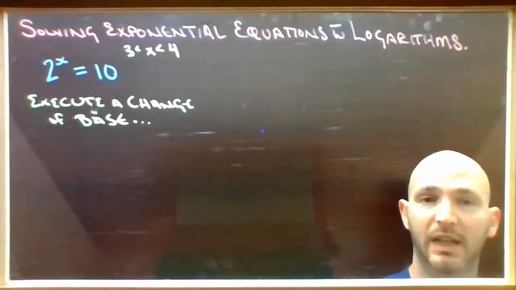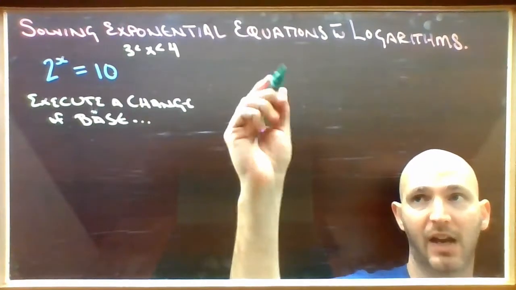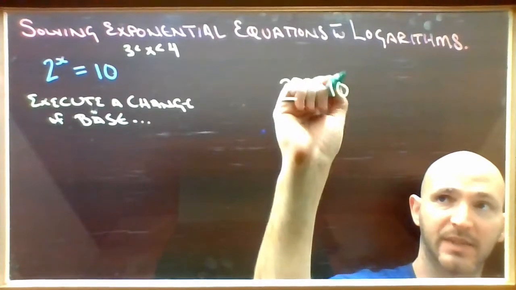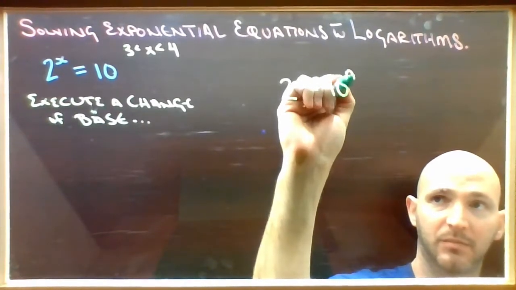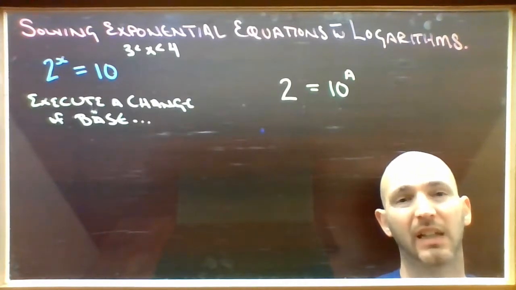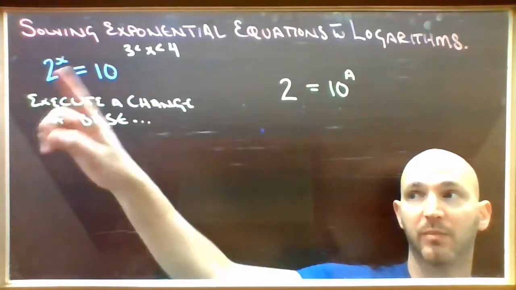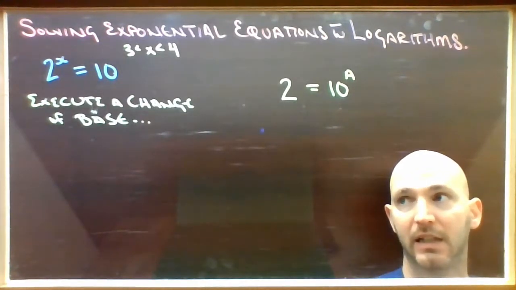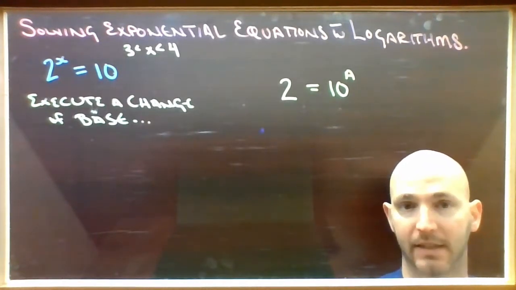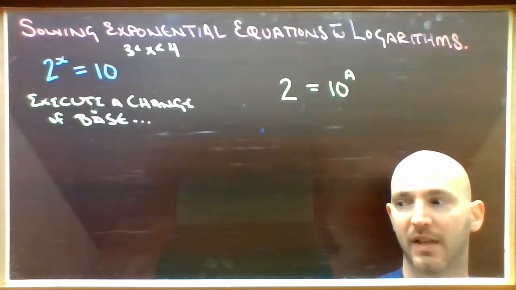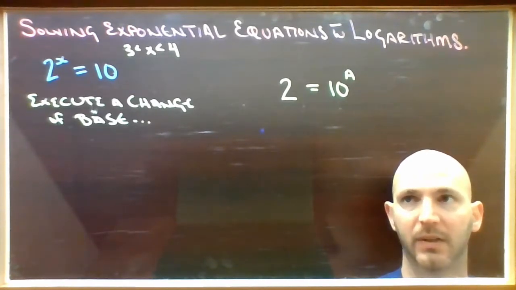So what I'd like to know is if I can write 2 as some power of 10. I'm going to use an a up there. If I could do that, then I could replace this 2 with this power of 10, and then I could use log base 10 as the logarithm of choice, and then this whole question just falls apart.